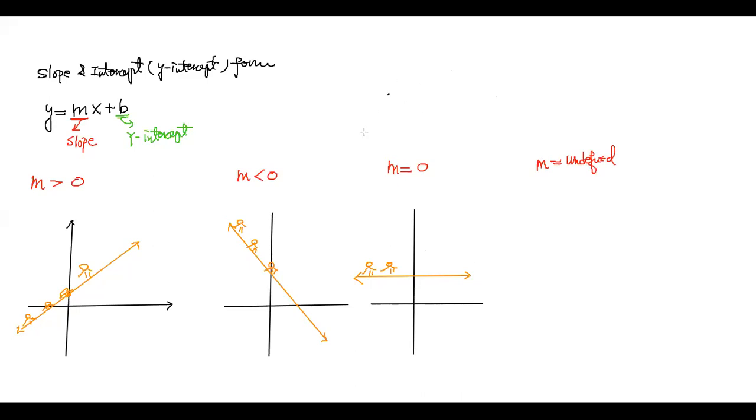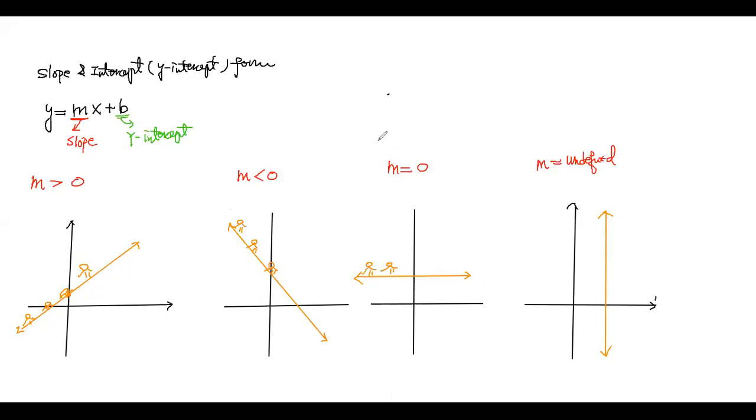When the slope is undefined, you're going to have a line that looks like this, perpendicular to the x-axis. This is the x-axis and the y-axis. So if the slope is greater than 0, you will see a line go up. If the slope is less than 0, you see a line go downhill. If the slope is equal to 0, you're going to see a flat one.